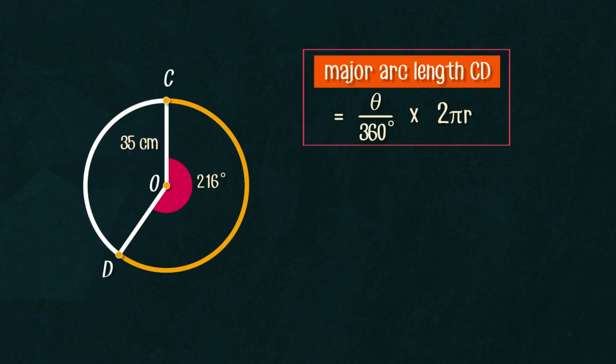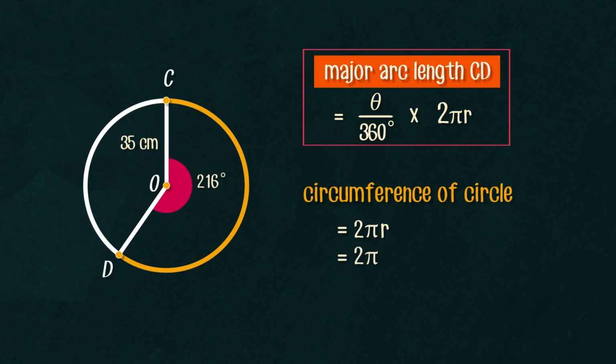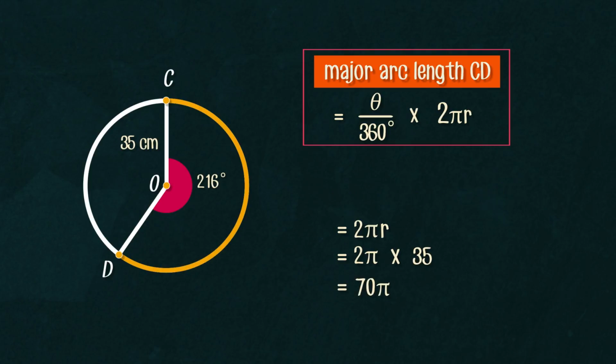We know that the radius of the circle is 35 centimeters. Given the value of the radius of the circle, we can find its circumference. Circumference of the circle is equal to 2 pi times radius, which is 2 pi times 35 centimeters. This gives us 70 pi centimeters.